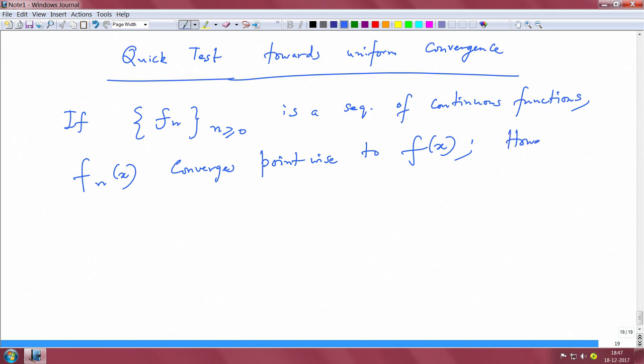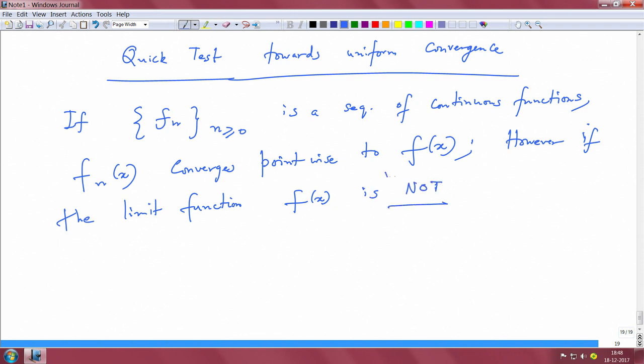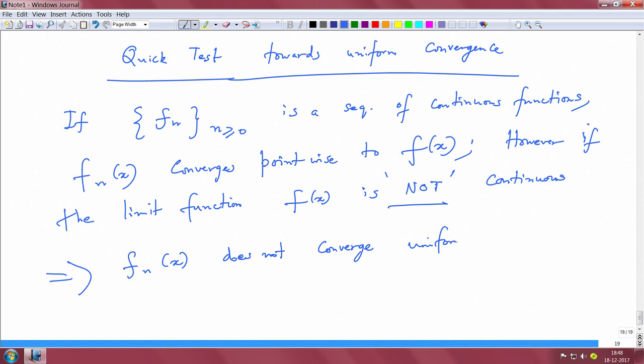However, if the limit function f of x is not continuous, this implies fn of x does not converge uniformly to f of x. This is a very important quick test.